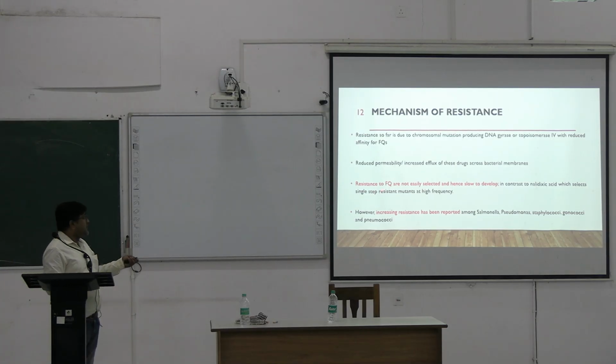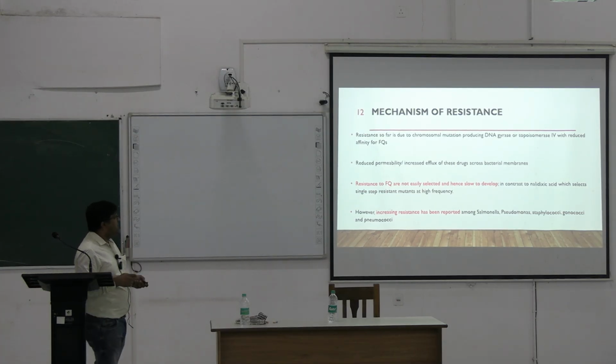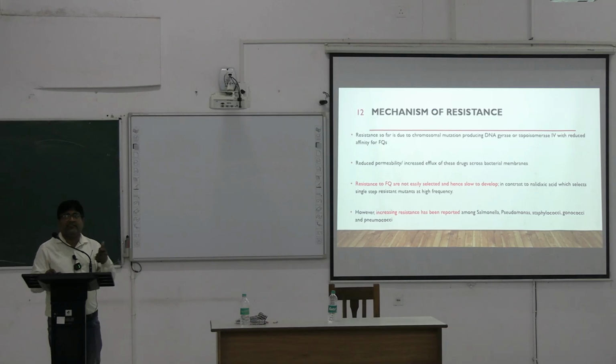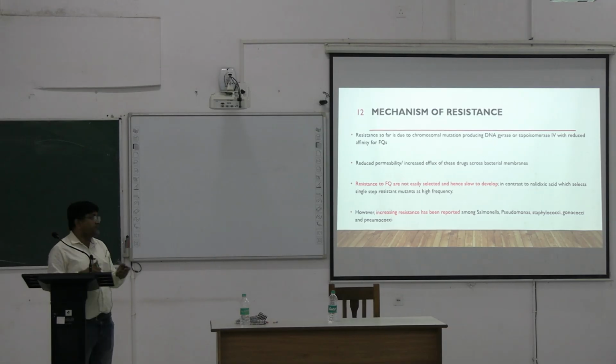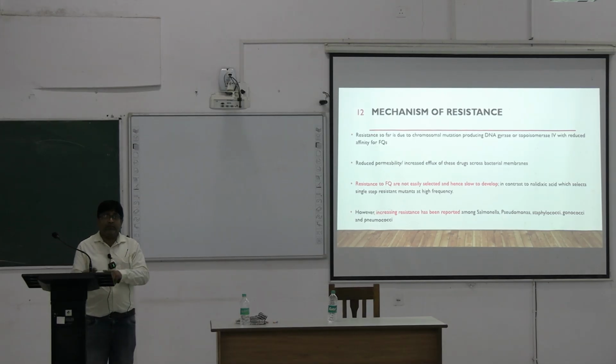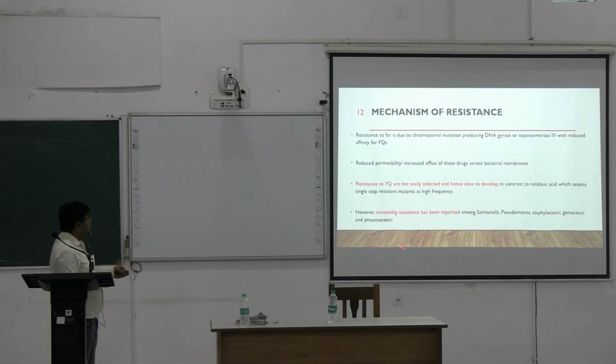Number 3, resistance to fluoroquinolones is not easily selected and hence slow to develop, unlike the quinolone Nalidixic acid, where it is fast to develop. So resistance to fluoroquinolones is slow to develop in contrast to Nalidixic acid. However, increasing resistance has been reported with fluoroquinolones in Salmonella typhi, Pseudomonas, Staphylococci, Gonococci and Pneumococci.